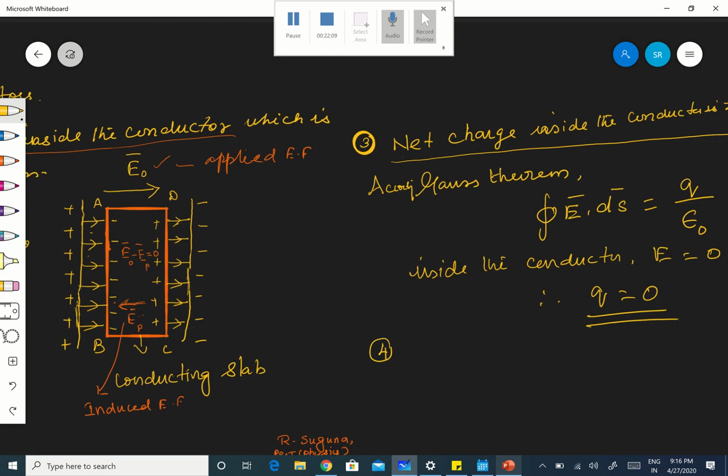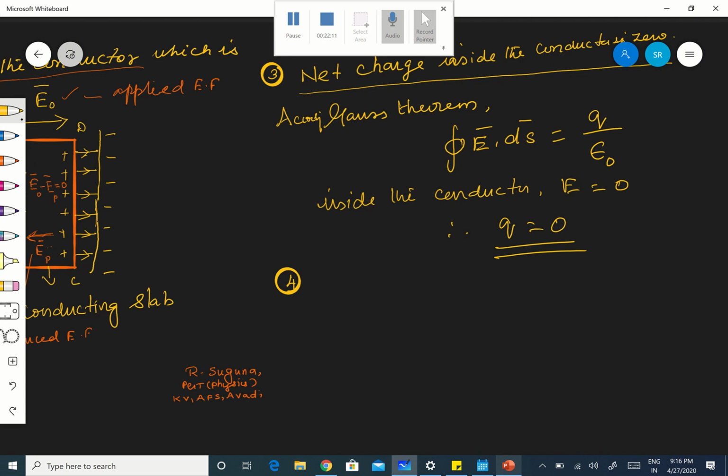Then the fourth point. These are all very important points. The fourth point is electrostatic potential. Everything is interrelated.